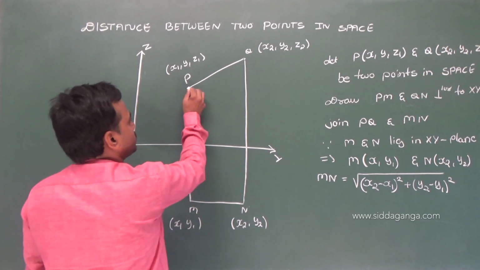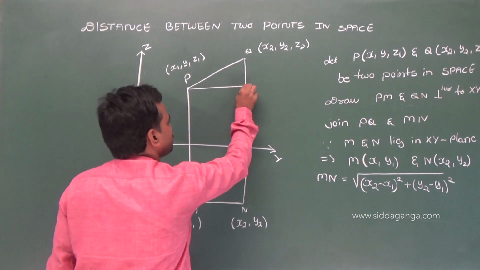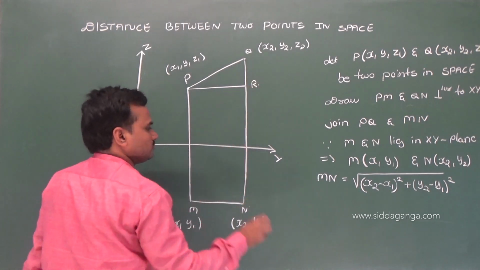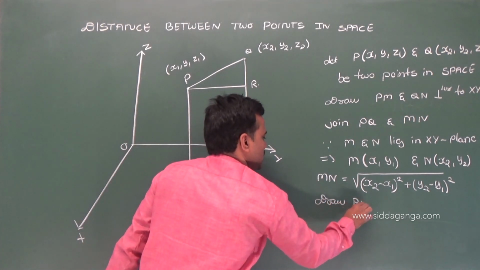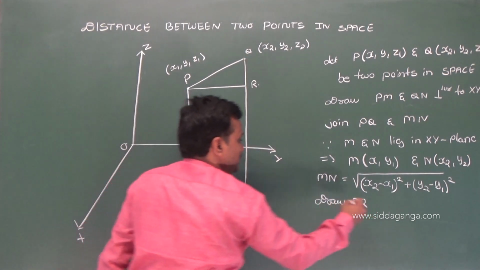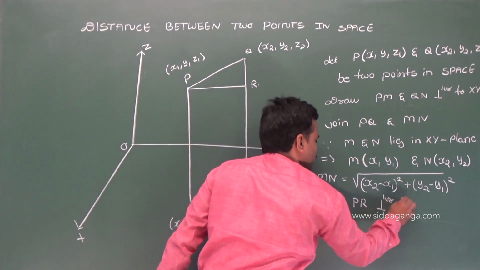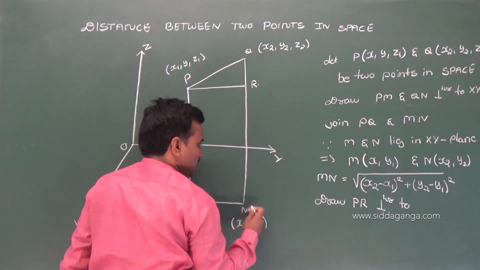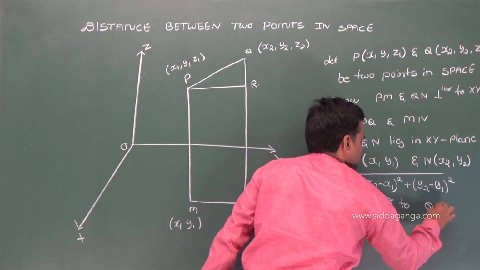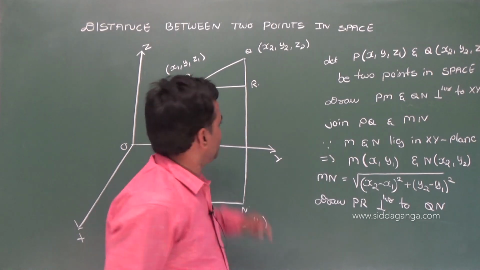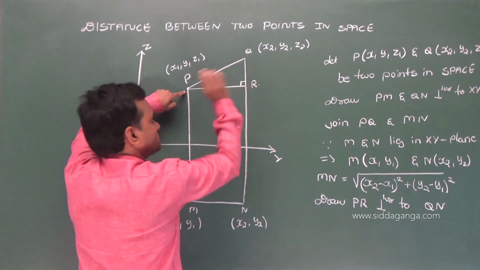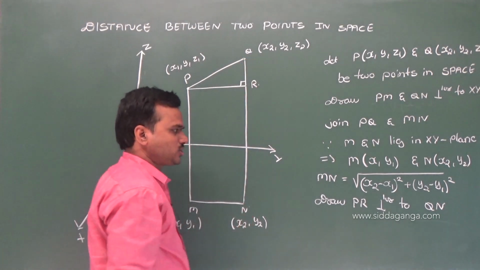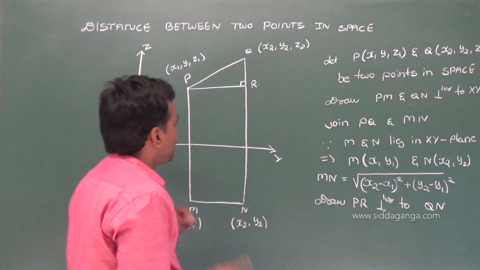Next, what I do, draw PR perpendicular to QN. Once again, draw PR perpendicular to what? QN. Observe carefully.